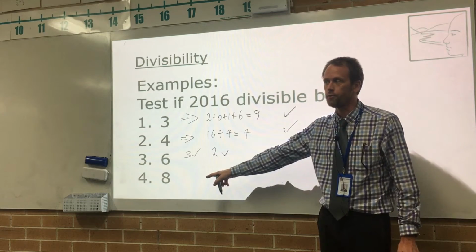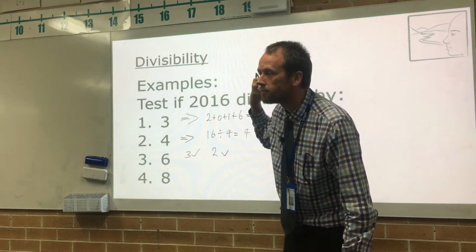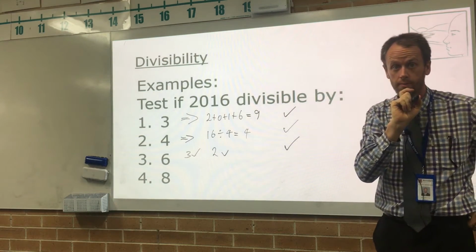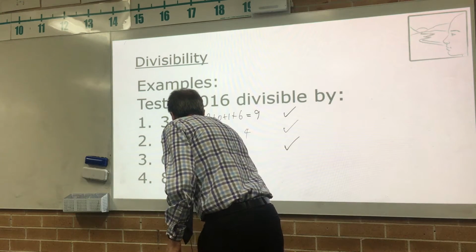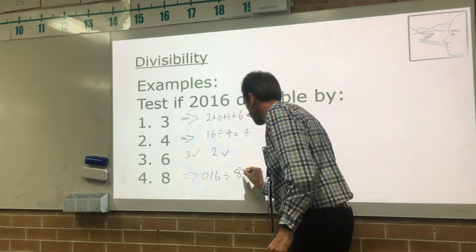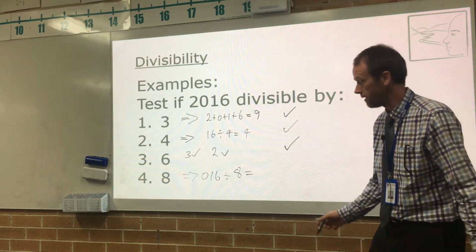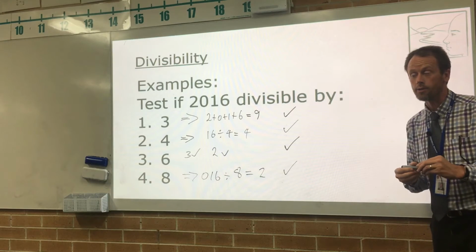What was the test for 8? Read it off the sheet. Yep. Last 3 digits can be divided by 8. Now in this case, our last 3 digits are 16. Is that divisible by 8? Yeah, because it equals 2, doesn't it? So all of them are divisible by 8.